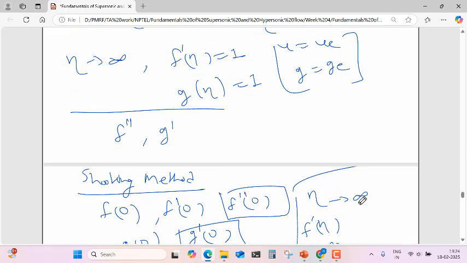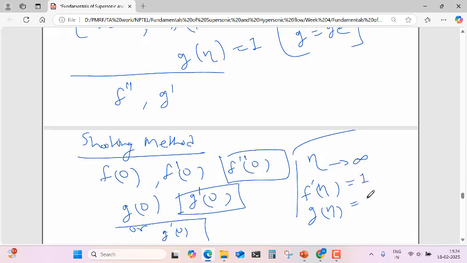If it is equal to 1, then our assumed value is correct. If it is not equal to 1, then we will update these values and again use the marching method till we satisfy this boundary condition at eta tends to infinity.